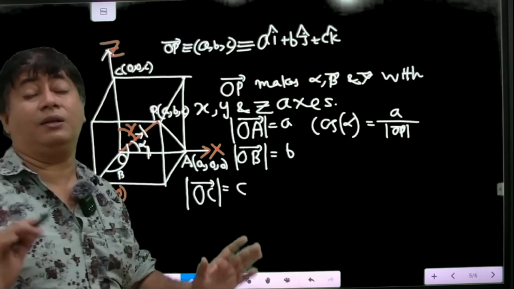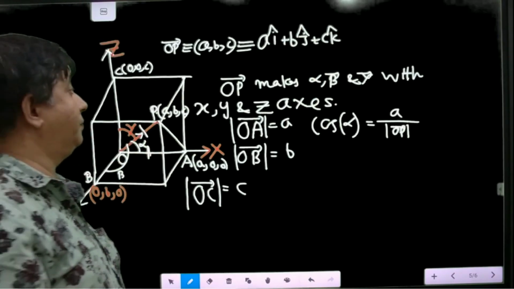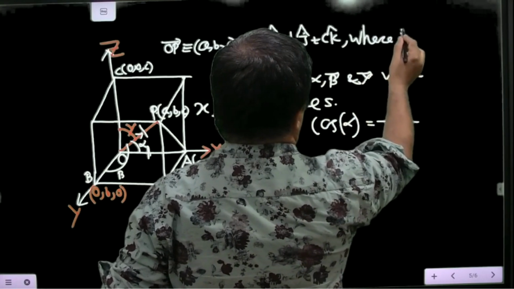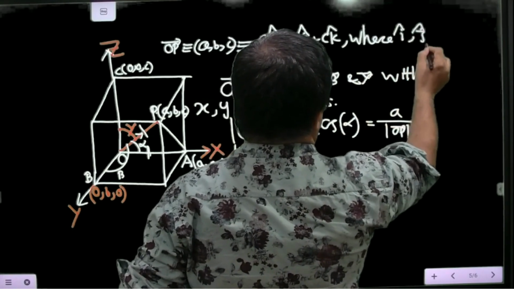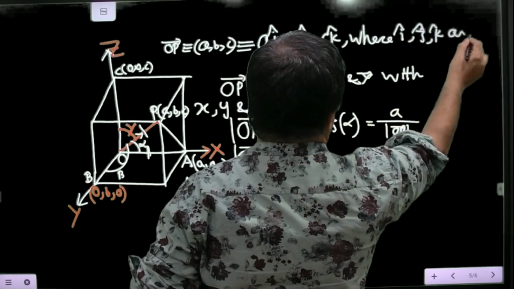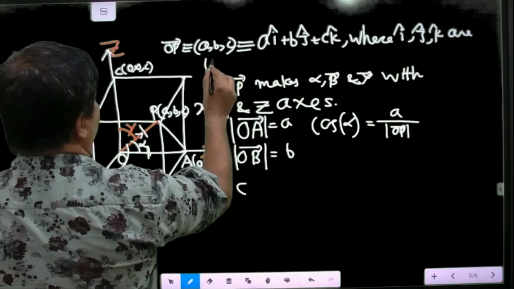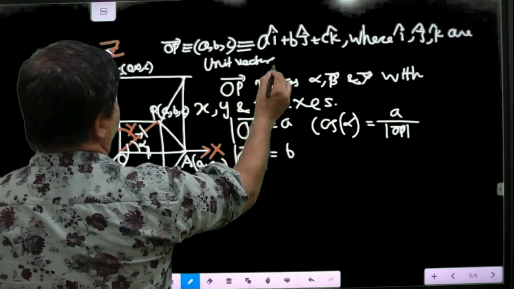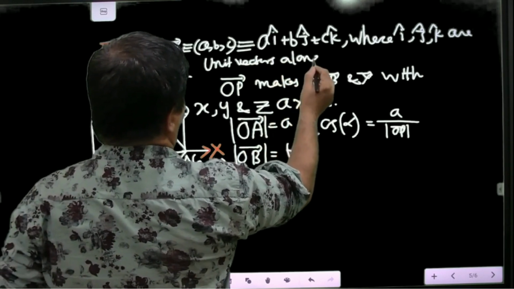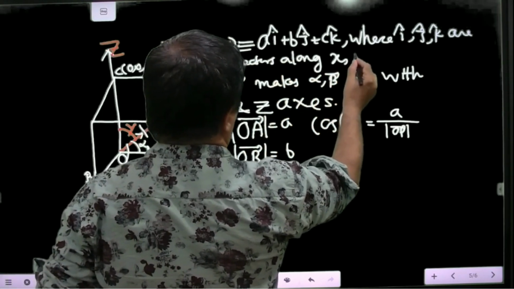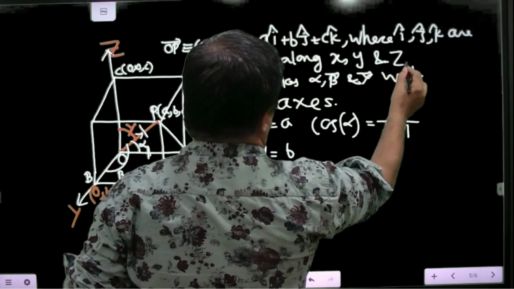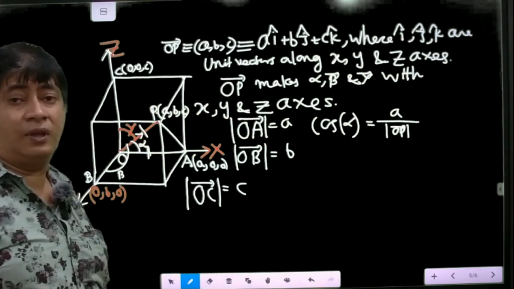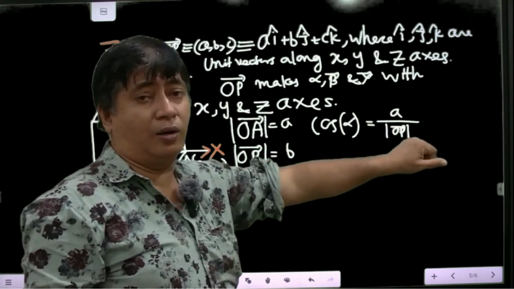Unit vectors are denoted by I, J, K, where I, J, K are unit vectors along X, Y and Z axis. Cos alpha is A by mod OP.